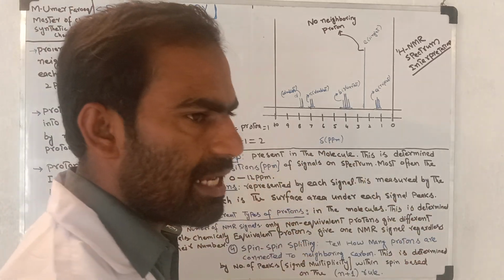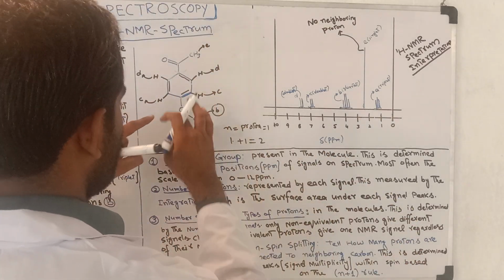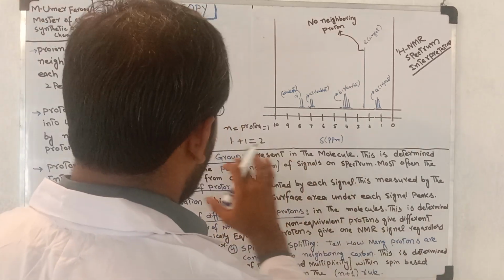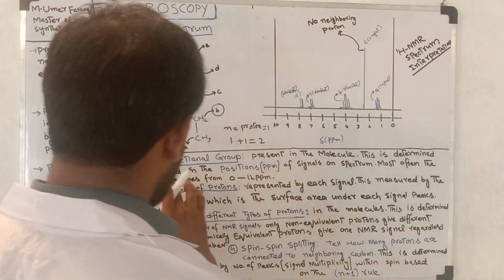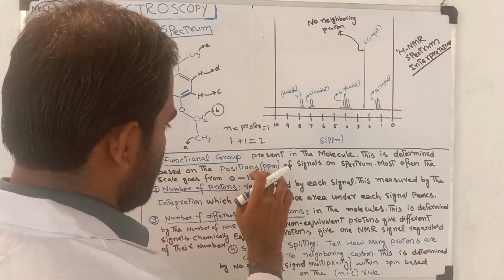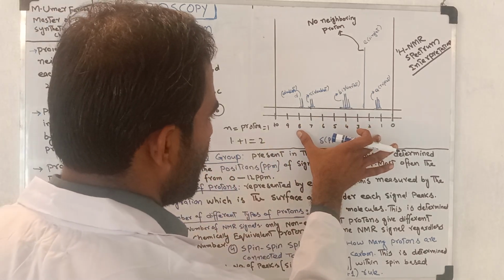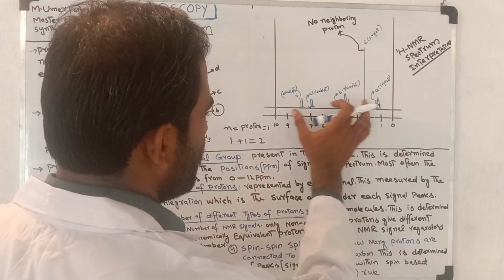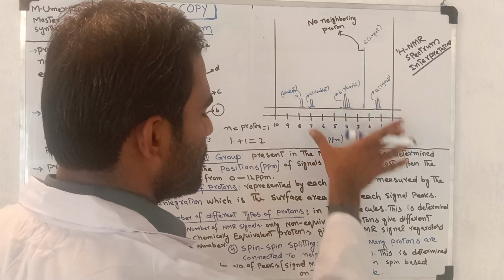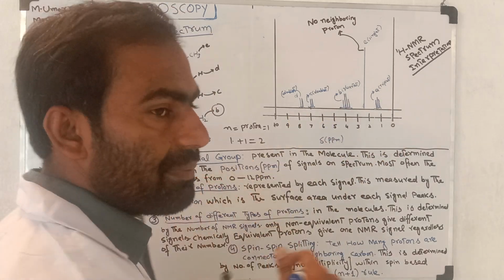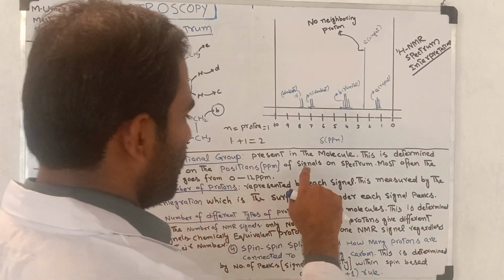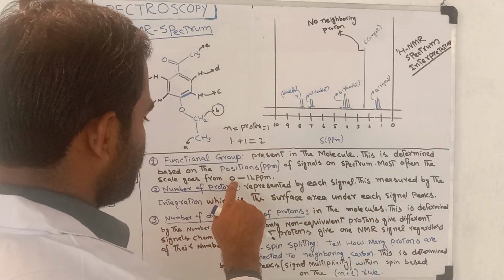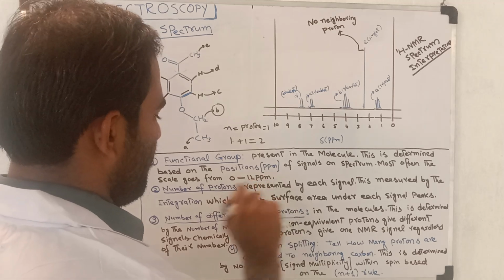The functional group is determined based on the position of the signal in ppm on the spectrum. Most often the scale goes from 0 to 12 ppm.